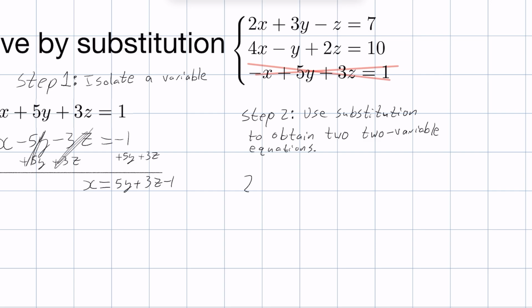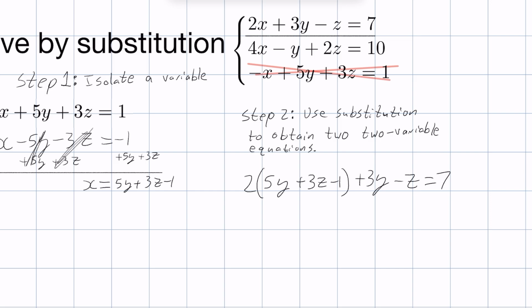I'm going to take 2, instead of x in this equation here, it's going to be 2 times 5y plus 3z minus 1 plus 3y minus z equals 7.